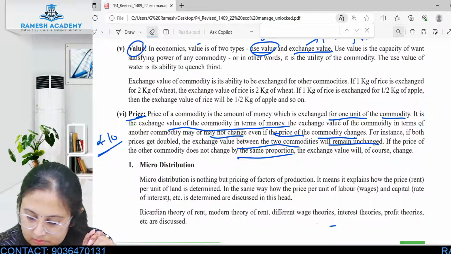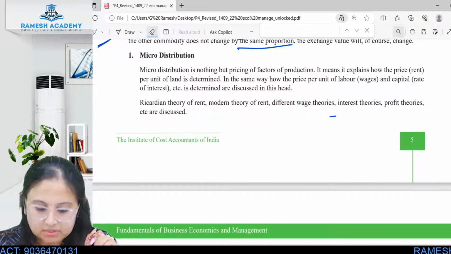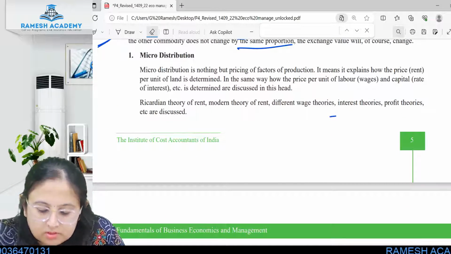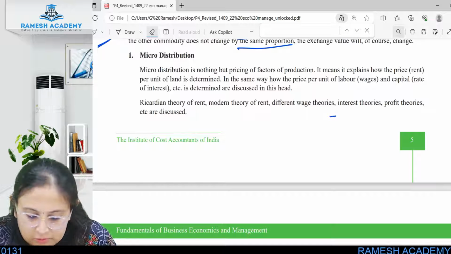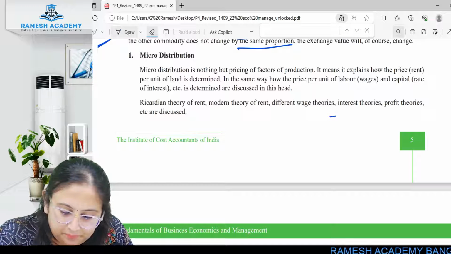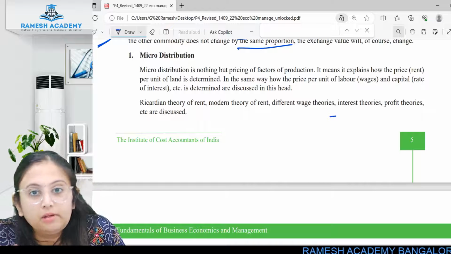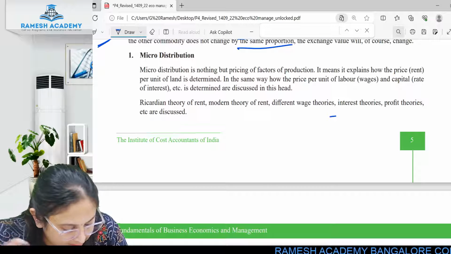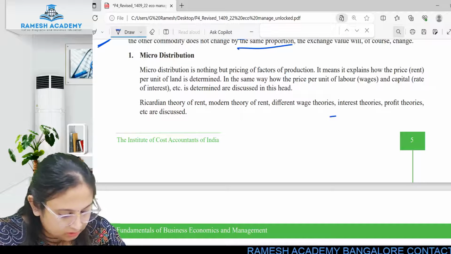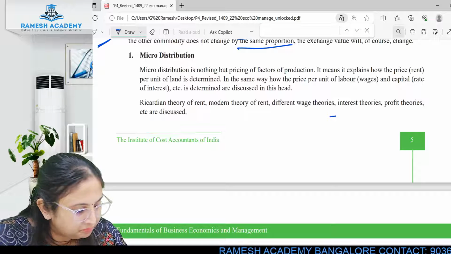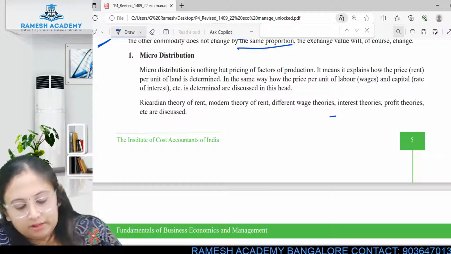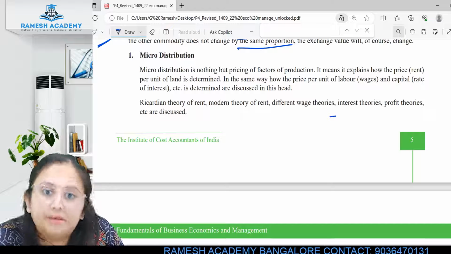Okay, so next, micro distribution. In pricing we are understanding two things: micro distribution and macro distribution. Last one is consumption. Okay, so first we will see micro. Micro distribution means what?